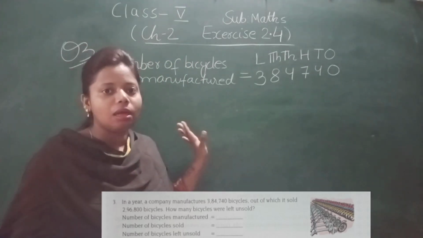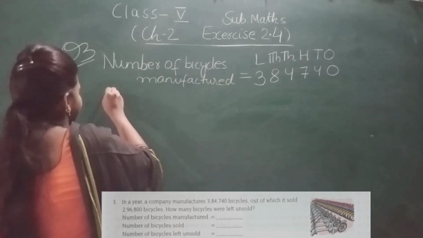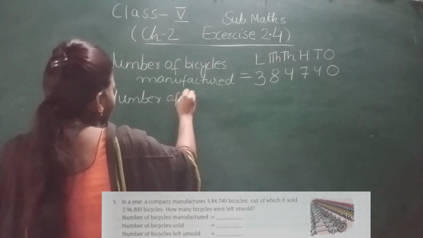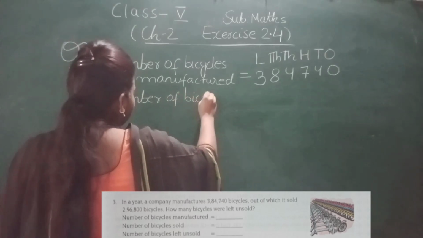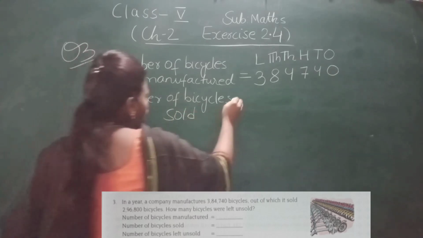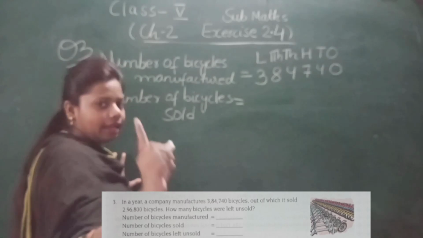Now let's write the number of bicycles sold. 2,96,800.